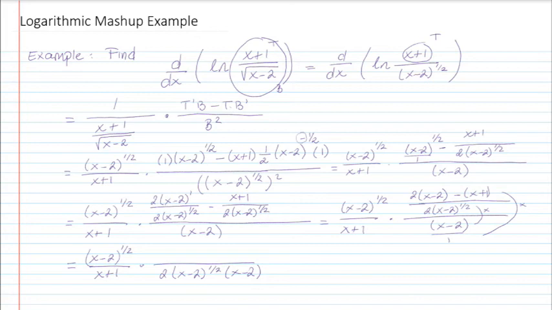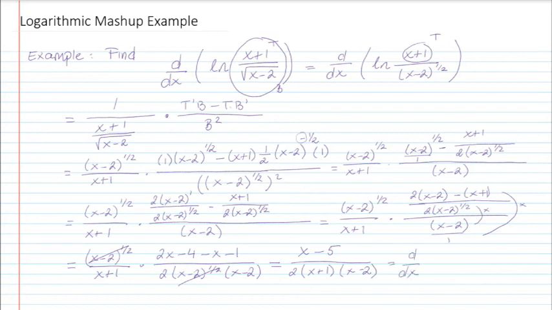And on the top, I get 2x minus 4 minus x minus 1. So, hey, this one and this one will cancel out. And in the end, I get 2x minus x is x, minus 4 minus 1 is minus 5. And down on the bottom, I'll get 2 times x plus 1 times x minus 2.